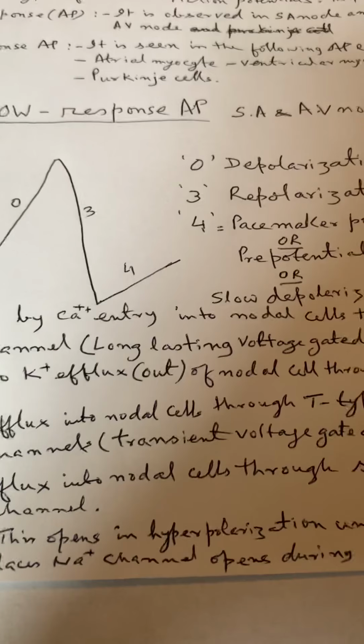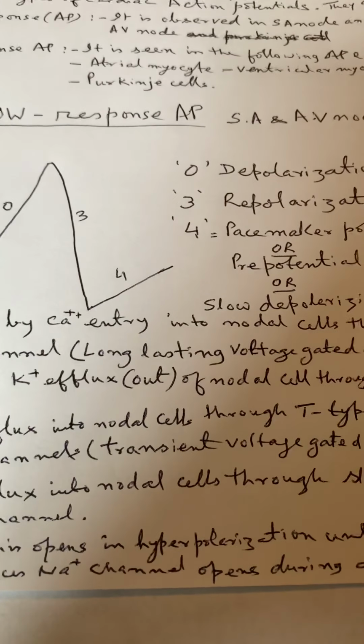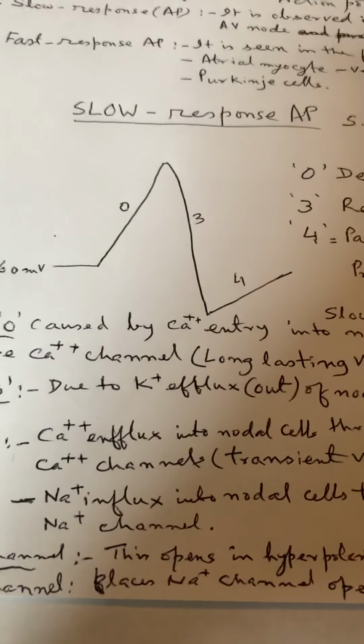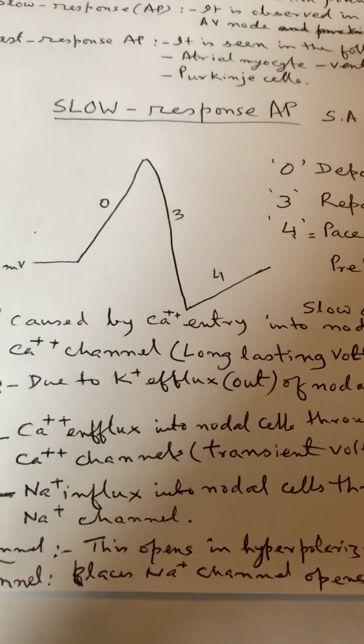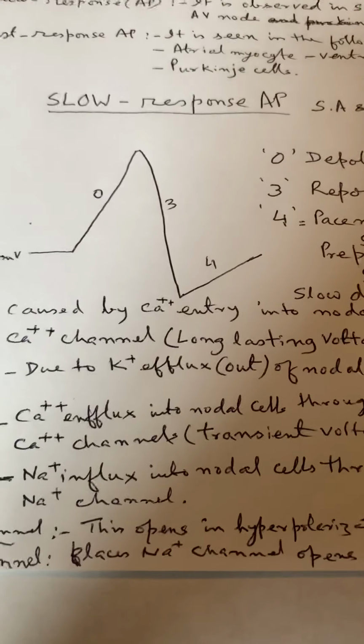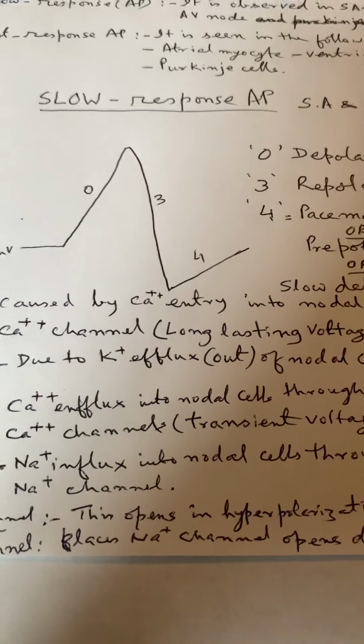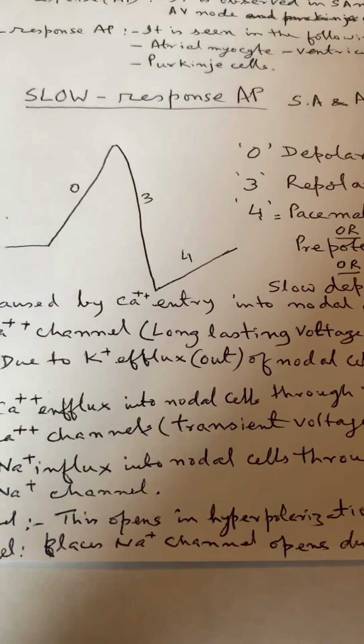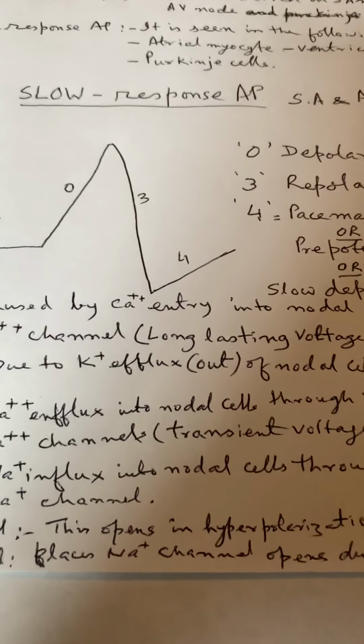So the action potentials of the SA node and AV node are similar and the causes are similar, except that the action potential generated in the SA node is faster and it is slower in the AV node.